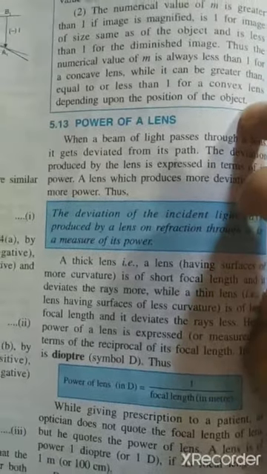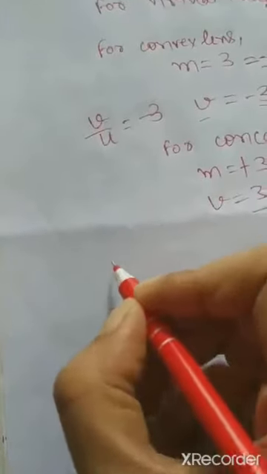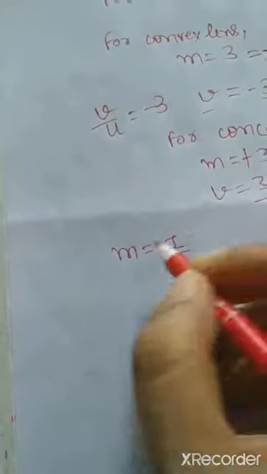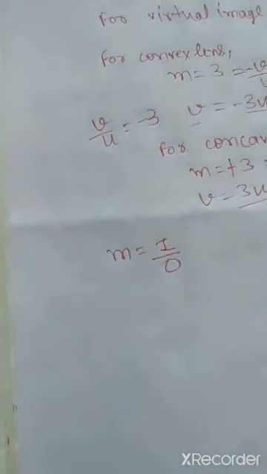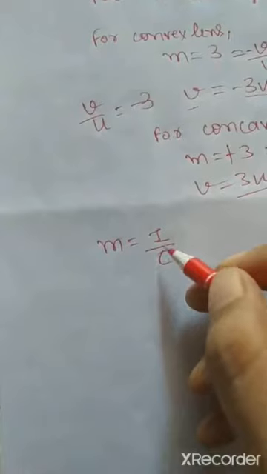As we have seen, magnification is equal to I by O. So when the image size is greater than the object size, that means it is a magnified case.